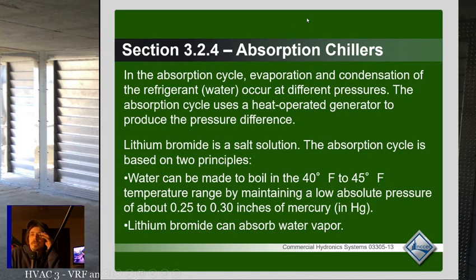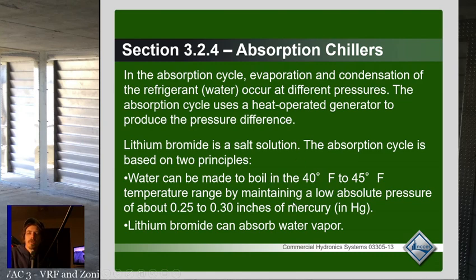Alright, absorption chillers. In the absorption cycle, evaporation and condensation of the refrigerant water occur at different pressures. The absorption cycle uses a heat-operated generator to produce the pressure difference. Lithium bromide is a salt solution. The absorption cycle is based on 2 principles. Water can be made to boil in the 40 to 45 degree Fahrenheit range by maintaining a low absolute pressure of about 0.25 to 0.3 inches of mercury.